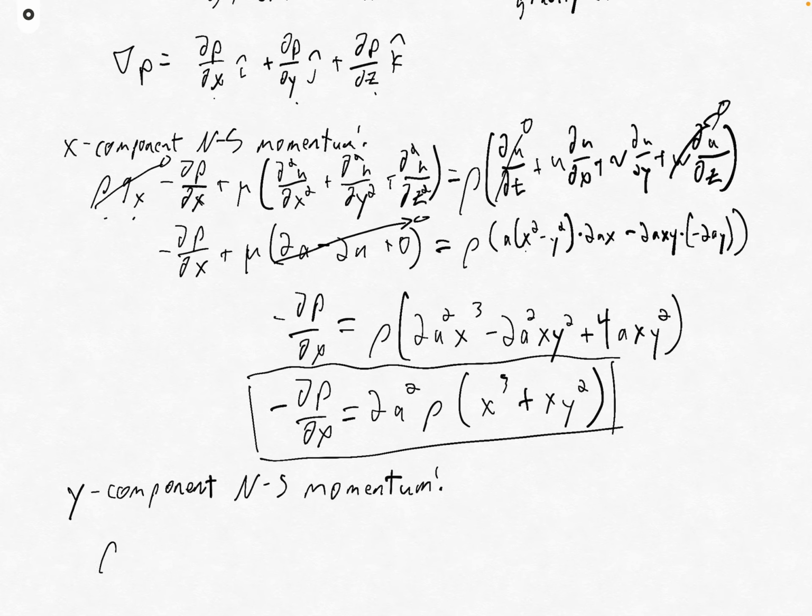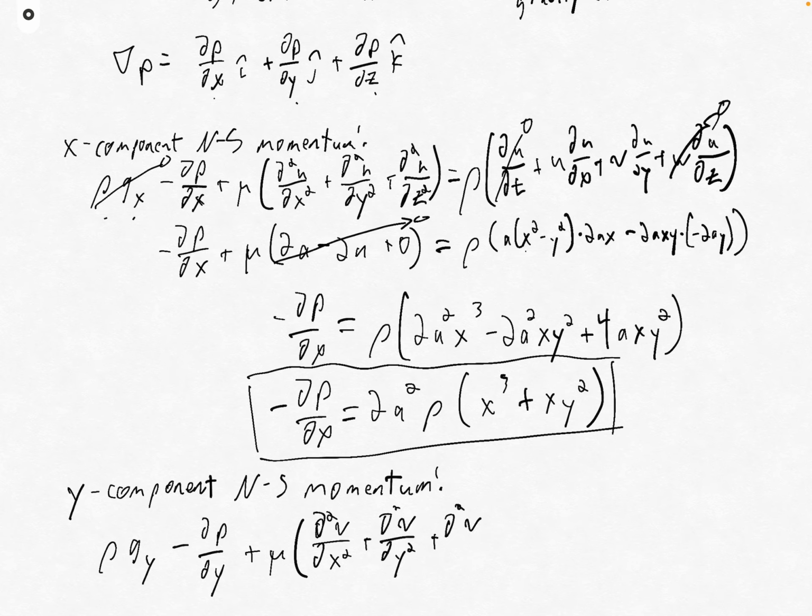So we'll have rho times gy, which is going to be 0, minus dp dy, which is the thing we're looking to solve for, plus mu, this will be d squared v dx squared plus d squared v dy squared plus d squared v dz squared equal to the acceleration, right?